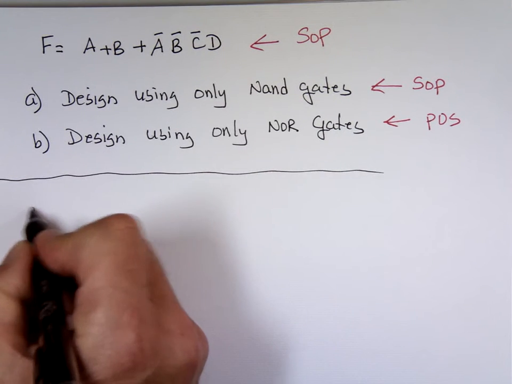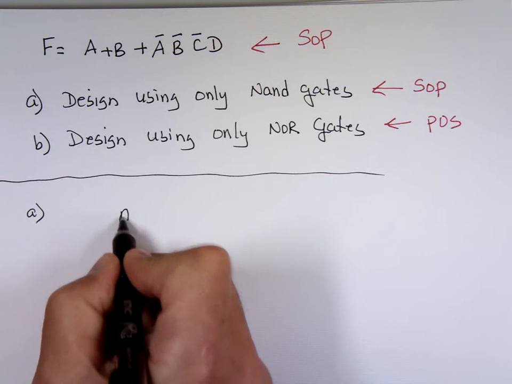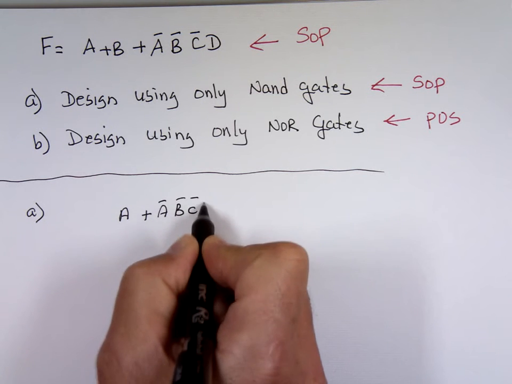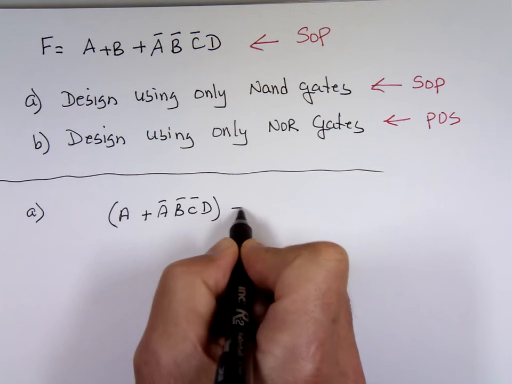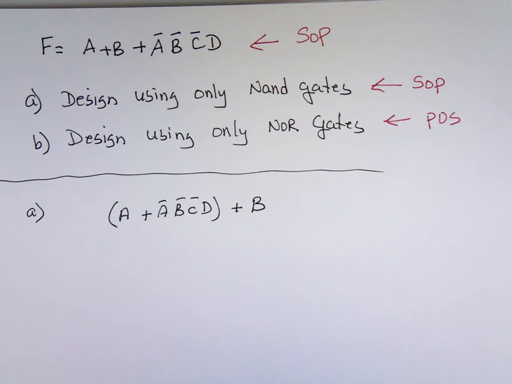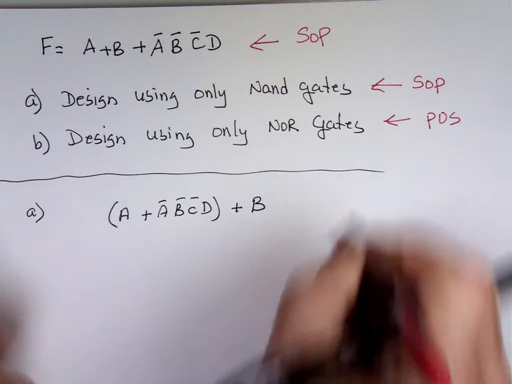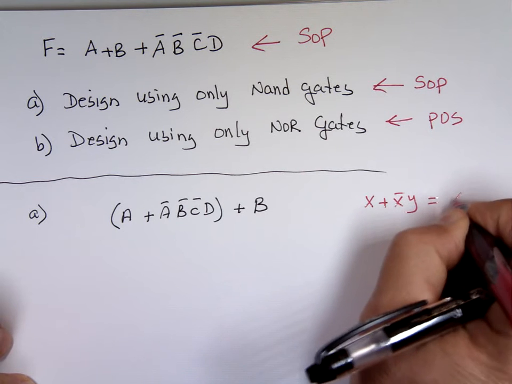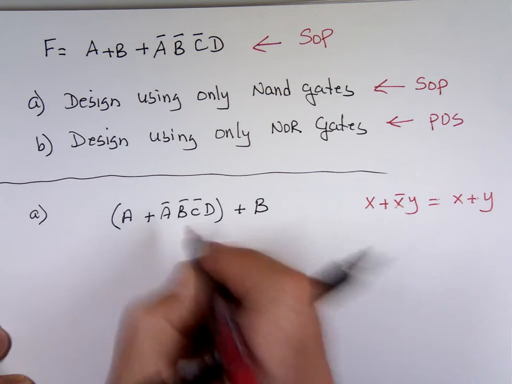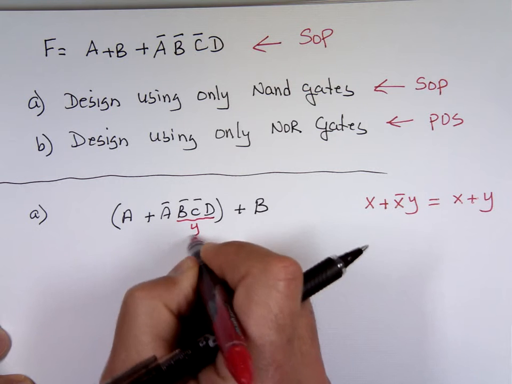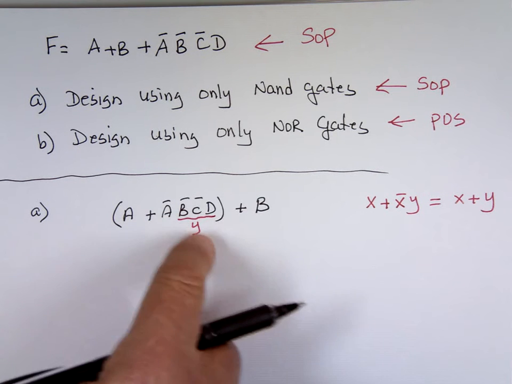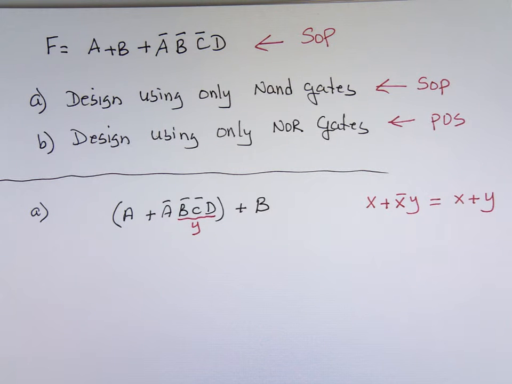Let me take the A and combine it with this one. Remember, we have one of those identities that says x plus x bar y can be written as what? X plus y. This is your y. Instead of x, I'm using A, so A plus A bar y I should be able to write as A plus y.